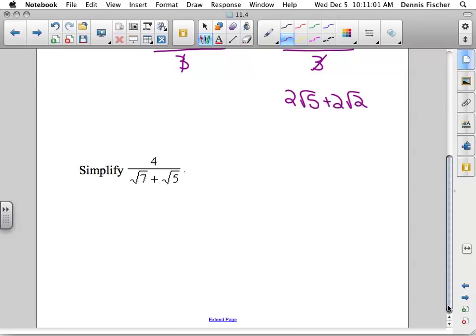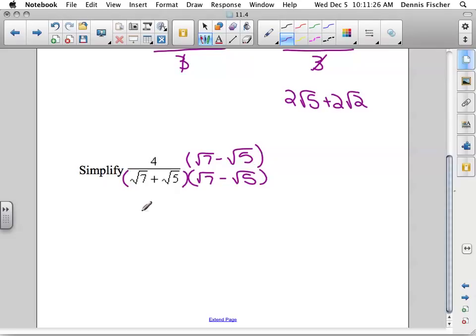The first step is to multiply by the conjugate, which is the same thing, but opposite sign.